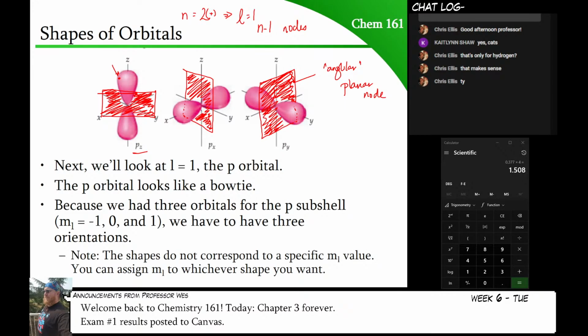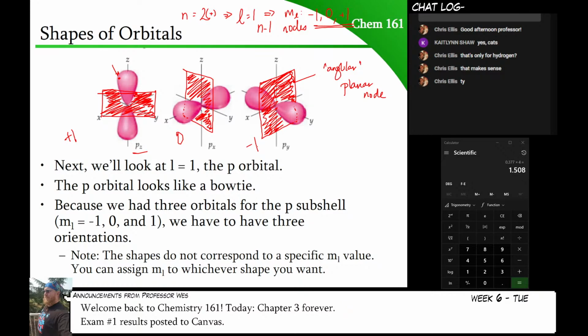Now, you might remember that for L equals 1, the possible values of M sub L would be -1, 0, and +1. And so those are going to correspond to each of these 3 things. And we're going to assign these values arbitrarily. The reason being is that these 3 directions are essentially equivalent.